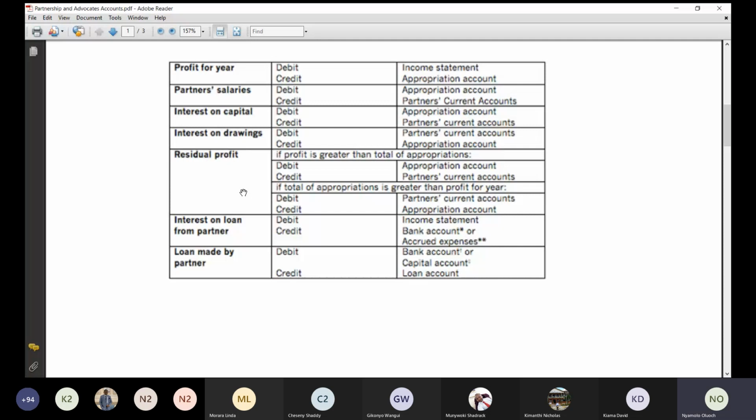our appropriation account, from what we've just seen, we have debited it with the shares. So if we had our partner's current accounts, then that amount would be credited to the partner's current account. To show you a loss, you would credit the appropriation account, not the partner's current account.